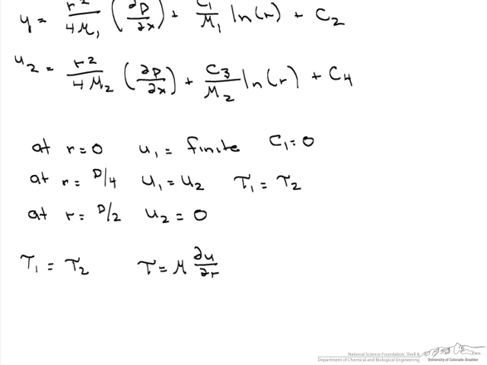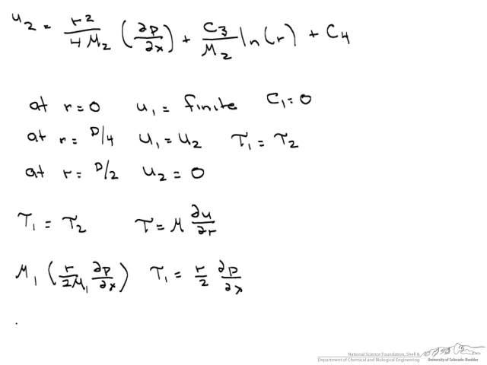So let's do that here. All right, let's look at tau1. So tau1 is mu1, and then du1 dr is r over 2 mu1 dp dx. And notice that the mu1's drop out. So our tau1 equals r over 2 dp dx. Now let's look at our tau2.